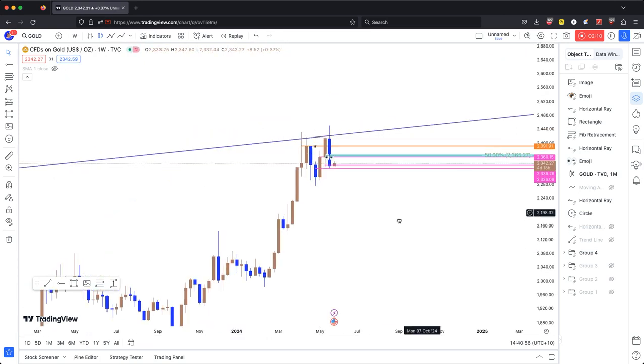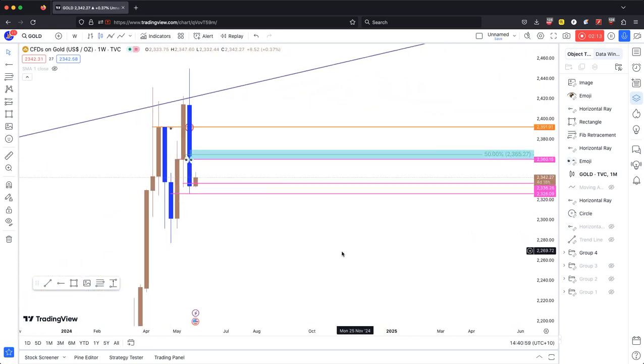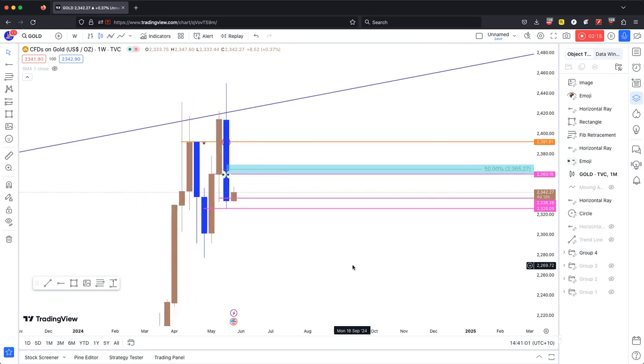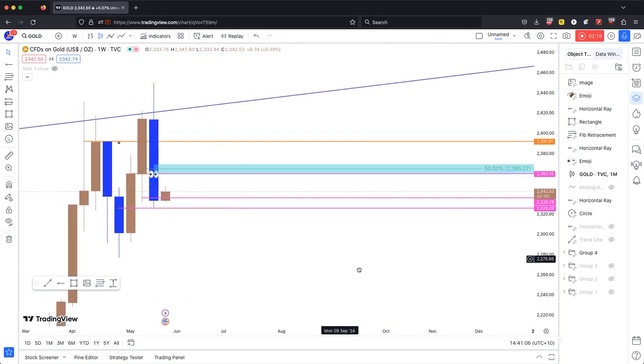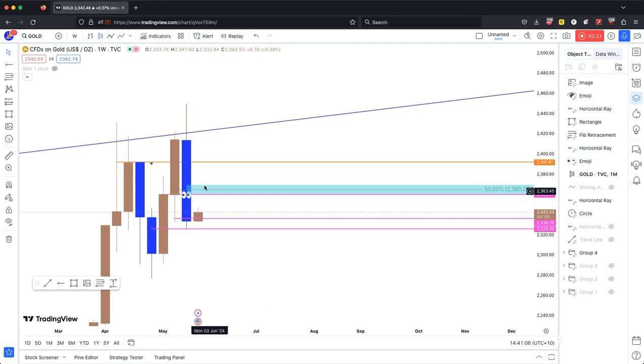So weekly, according to what I see, there's two zones that gold can stop at. It's either around here or around here. Okay, we have put the eyes. That's for monitoring this level, right?